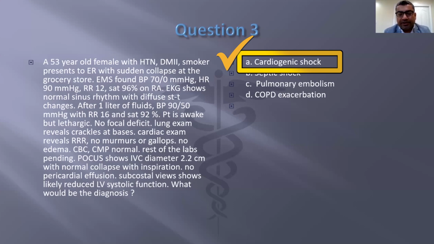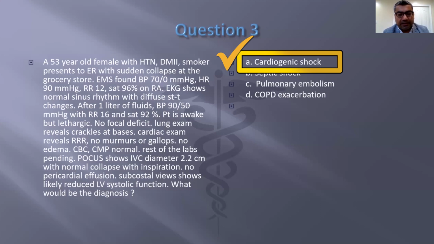So the majority is correct. It's a cardiogenic shock. The main reason for it not being septic shock is that you have EKG changes. Once you give fluid, your respiration goes up and your saturation goes down. You have a low EF on subcostal views.